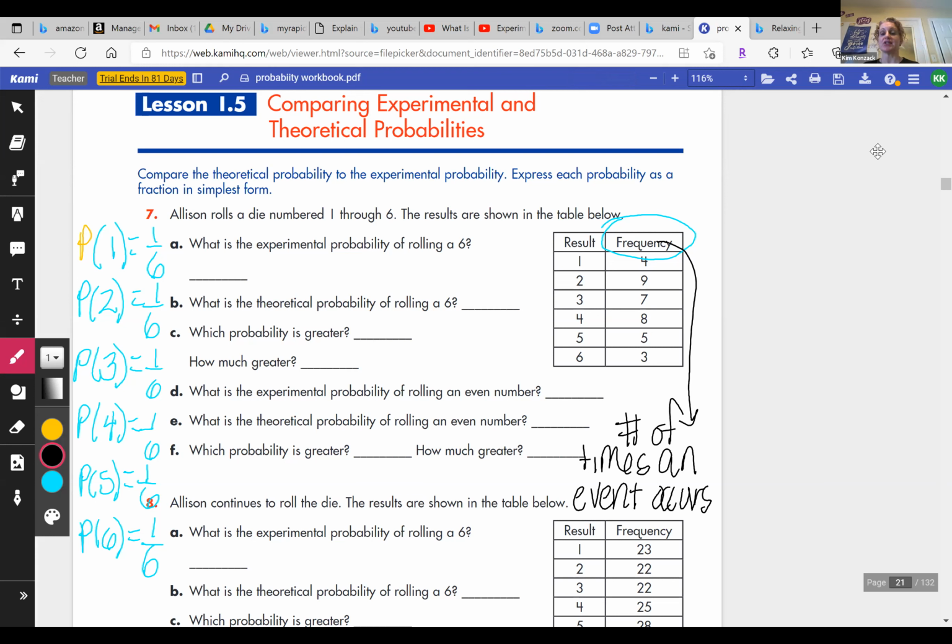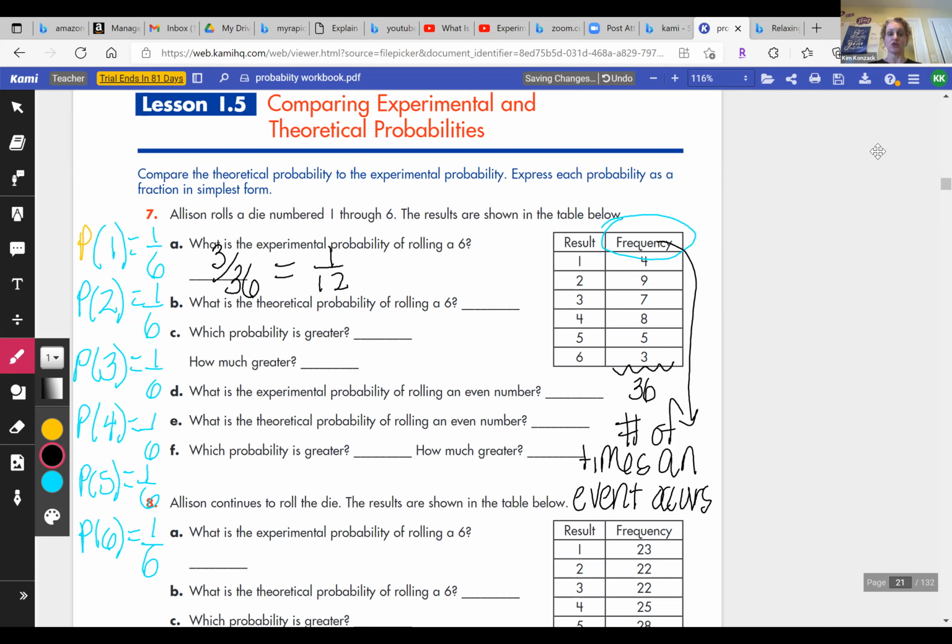So the total frequency here should be 36. Everyone agree? Did I do my math correctly? Is anyone checking me? So the experimental probability of rolling a 6 is 3 out of 36, which reduces to 1/12.